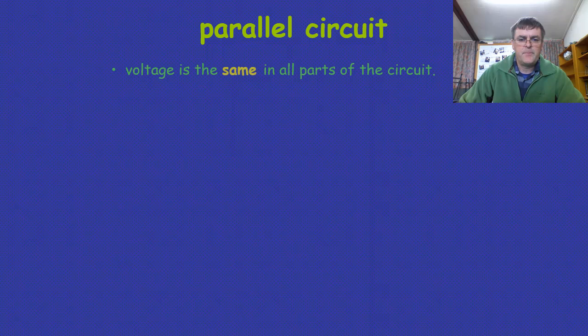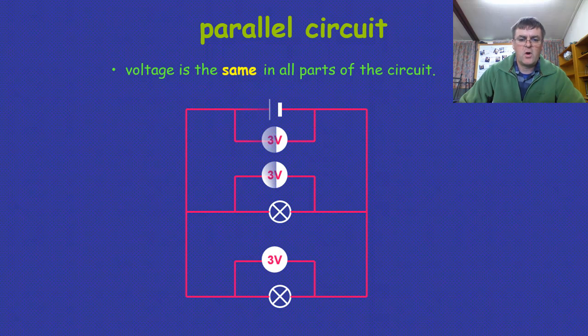Parallel circuit, however, the voltage is the same everywhere, because we've got a number of different pathways to go. So 3 volts is given to the system. That 3 volts can go through this pathway, or it could go through this pathway. If this pathway is blocked off, there's still 3 volts going through here.